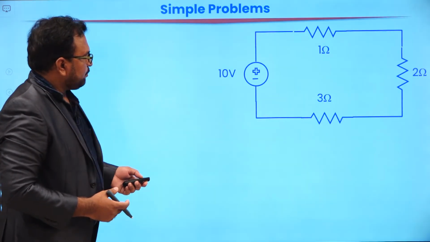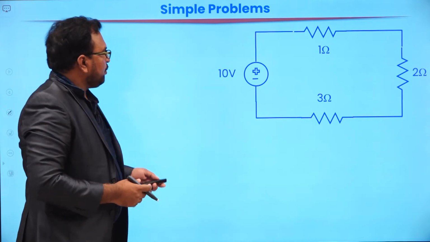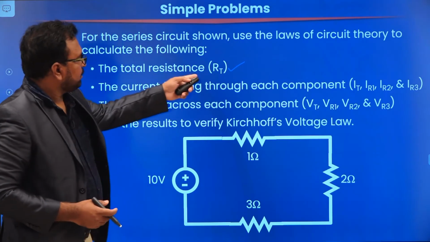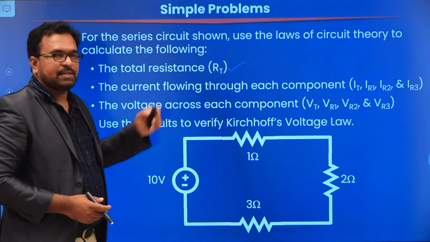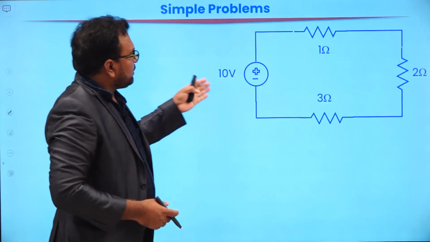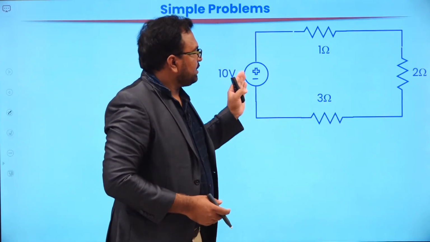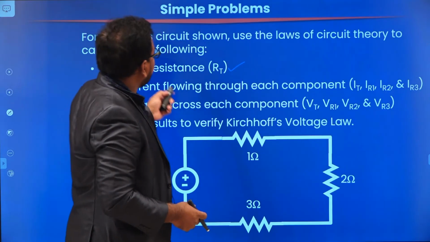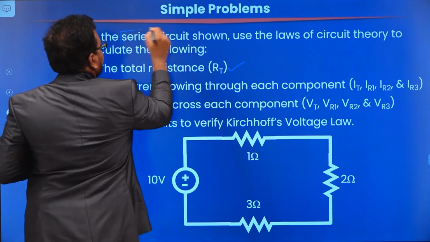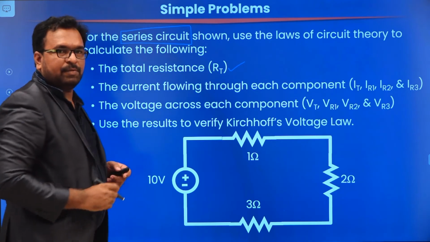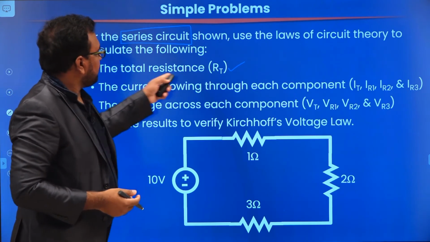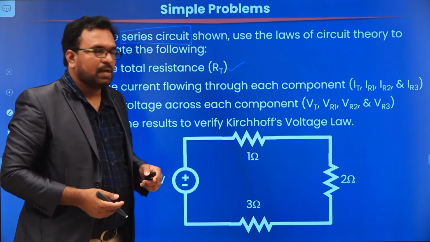So the given circuit diagram is this one. What is the first thing we have to calculate? The total resistance. Now what is the type of the circuit given? Whether it is a series circuit or parallel circuit. In the statement itself, they mentioned that it is a series circuit. In case of a series circuit, what is the formula for total resistance?